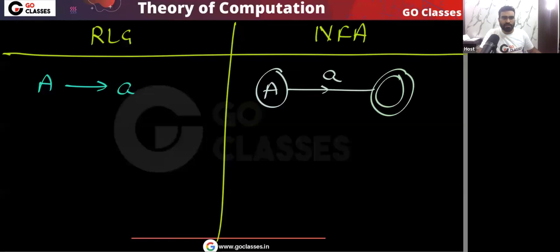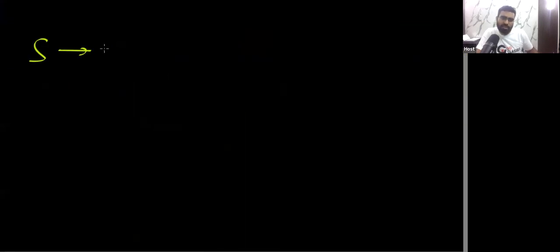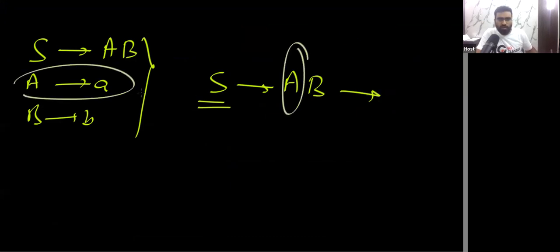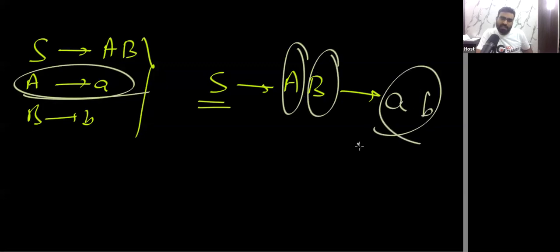Notice one thing, a very simple point. In the grammar, the string is generated when the variables go to terminals. For example, if A is going to a, or B is going to b, here we have non-terminals, they go to variables, but when they go to terminals, then we get the string. Then the string is generated.